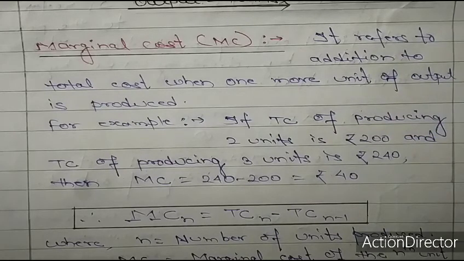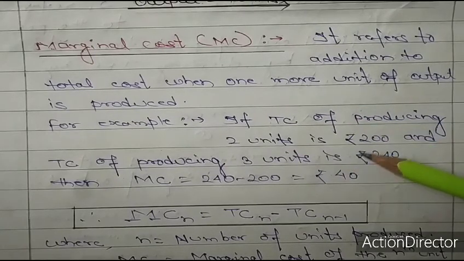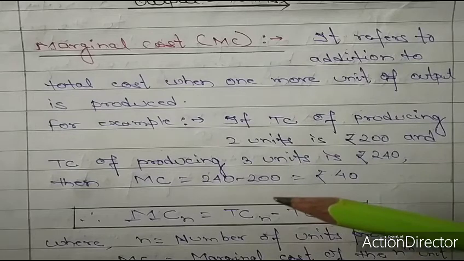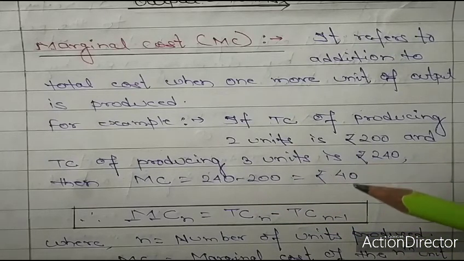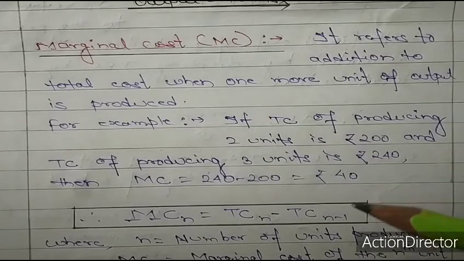For example, if the total cost of producing 2 units is rupees 200 and of 3 units is rupees 240, then the marginal cost of the third unit is 240 minus 200, which is 40 rupees. So 40 rupees is the marginal cost, which is the addition in total cost when one more unit of output is produced.